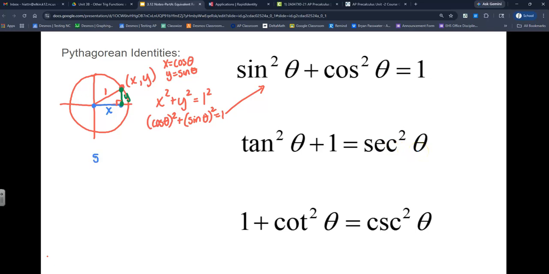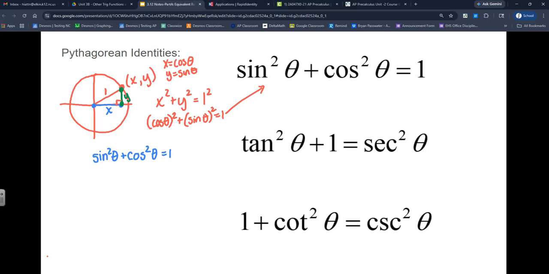I know that sine squared theta plus cosine squared theta equals 1. We're going to use that one a lot. That one should be fairly simple for you to remember. If you went to my calculus class right now, I doubt they are going to remember either one of the tangent and cotangent ones, but I think most of them will remember sine squared theta plus cosine squared theta equals 1. We used it enough that it kind of sticks.